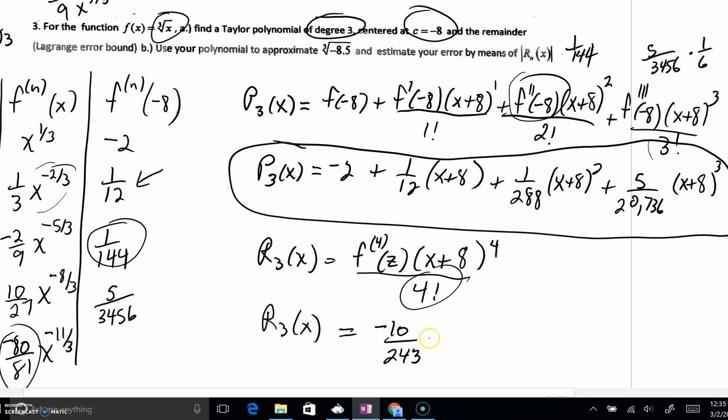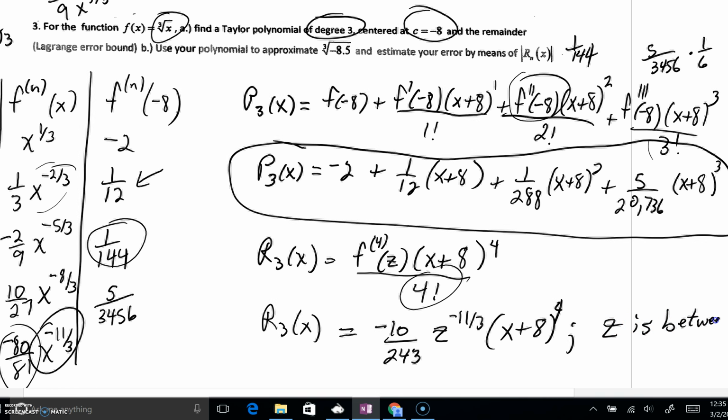But then what? We also have this x to the negative 11th, but we're plugging in z to the negative 11 over 3, pardon me. Then we've got x plus 8 to the 4th. One additional little thing, z is between x and negative 8, pardon me.